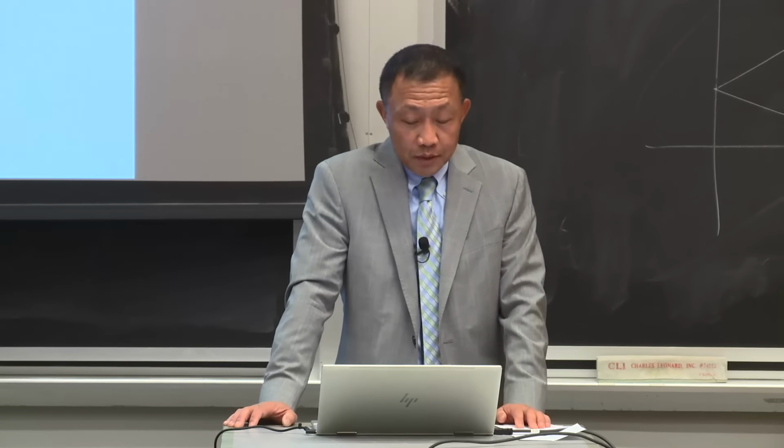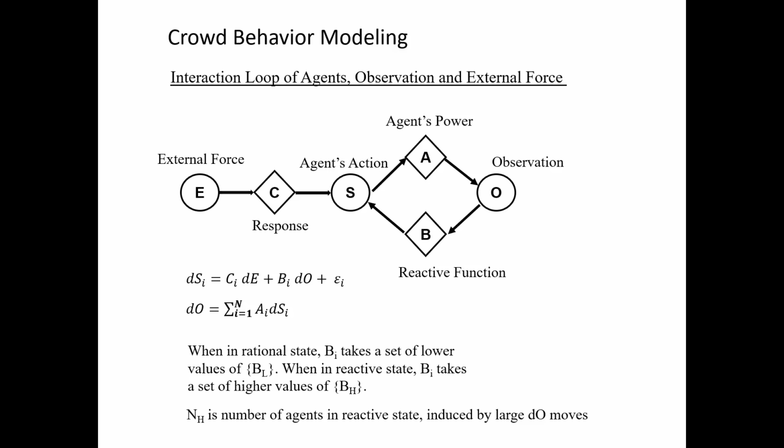So how do we understand and model this kind of behavior? We can look at it as a feedback loop. S here is the agent's action. O is the observation. A is kind of an amplifier, through which the agent's action feeds into the observation.